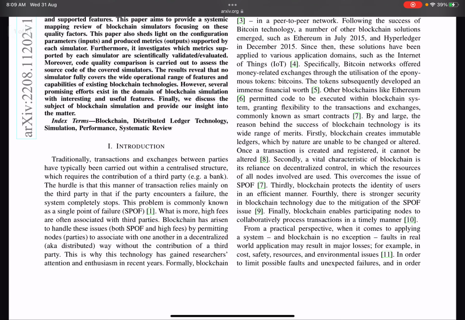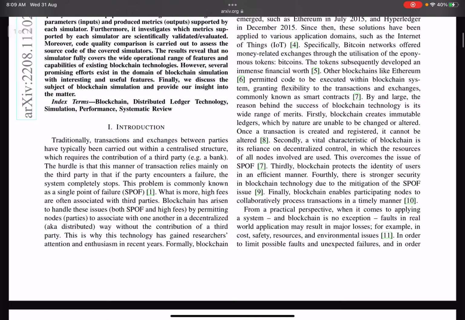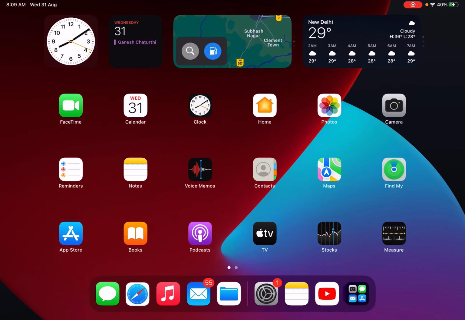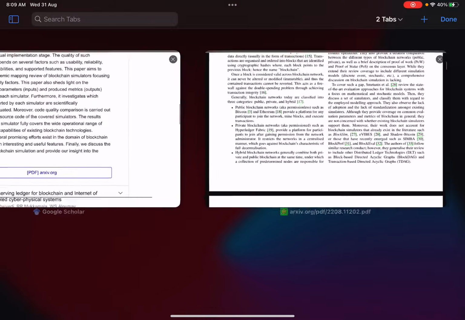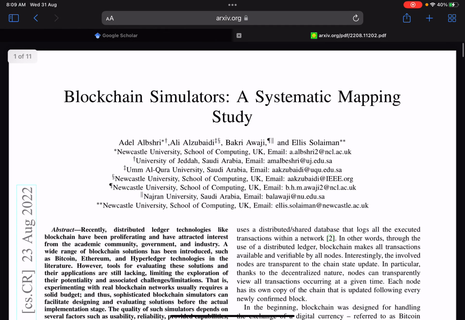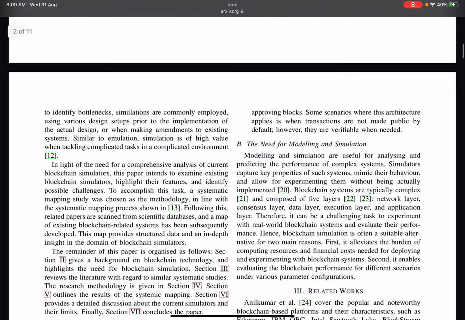You'll have to break this paper down line by line, reference by reference. You see how many references are there. I just wanted to show you, but I'm unable to zoom this out. Chalo.